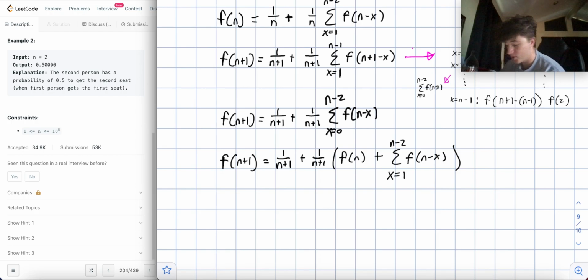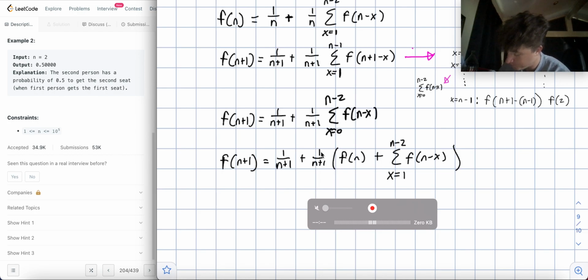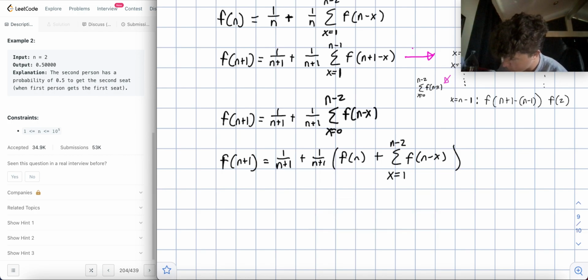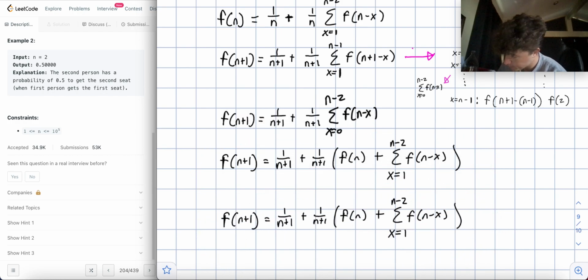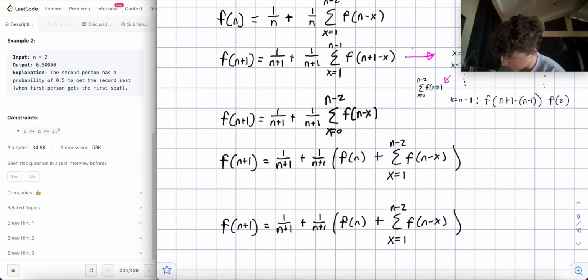We can distribute this 1 over n plus 1. Well, actually, just to simplify things, I'm going to multiply everything by n plus 1 right now. So when you do that, this becomes 1. These terms go away. It just becomes a little nicer when we do it like this. Right?